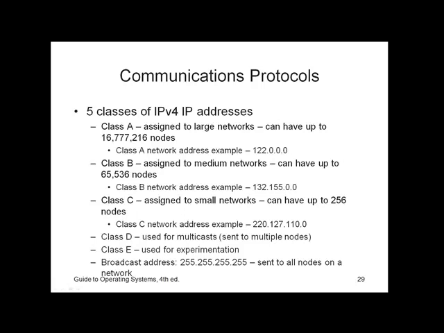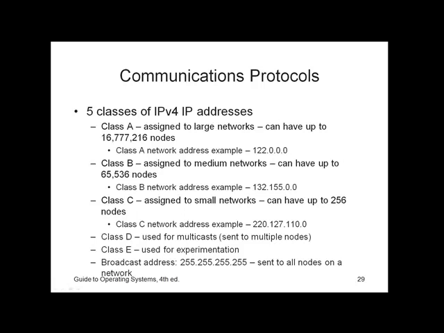Class A is assigned to large networks, the largest networks available. Each one of these networks can have 16,777,216 nodes. That's a lot of computers on a network. Now, a Class A network address example would be 122.0.0.0.